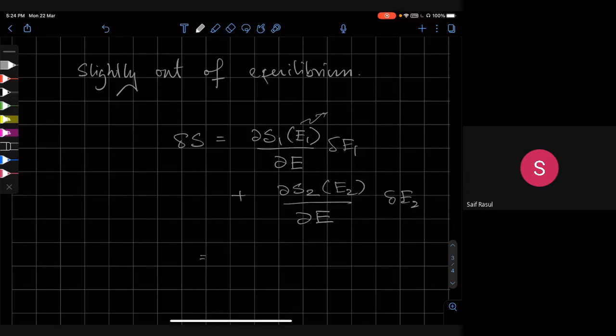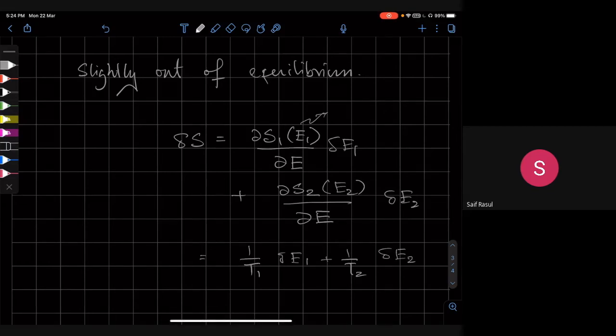The first term becomes 1 over T1 times delta E1, and the second becomes 1 over T2 times delta E2.